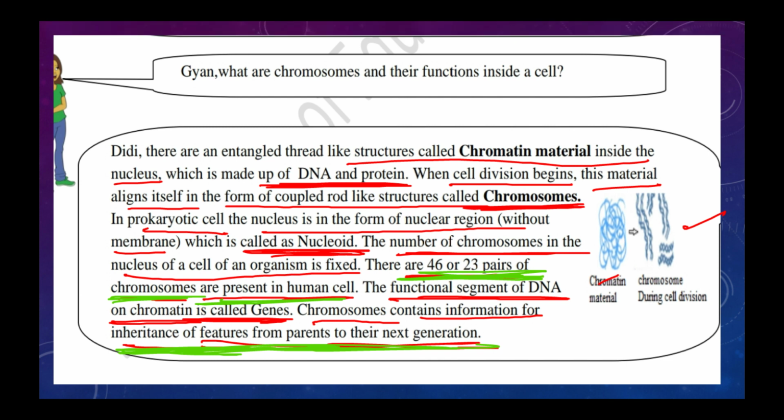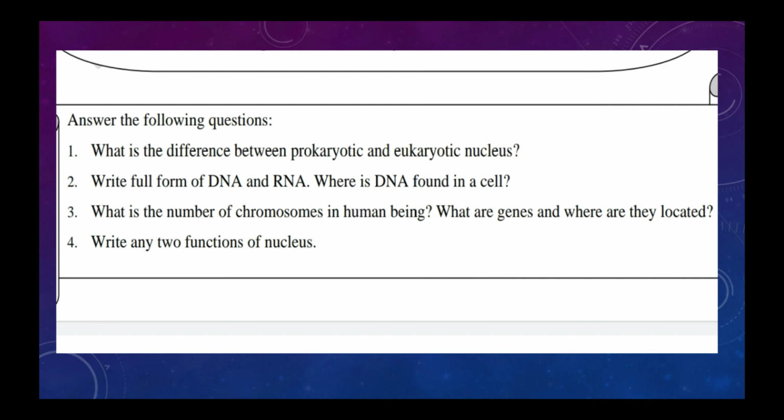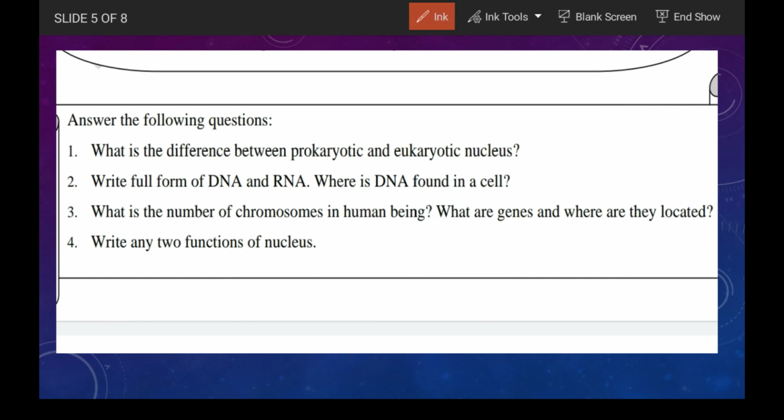Now we will move on to your question answers. First is, what is the difference between prokaryotic and eukaryotic nucleus? We will understand the term here only. Prokaryotic, eukaryotic. Karyotic means nucleus only. The word karyotic comes from nucleus.